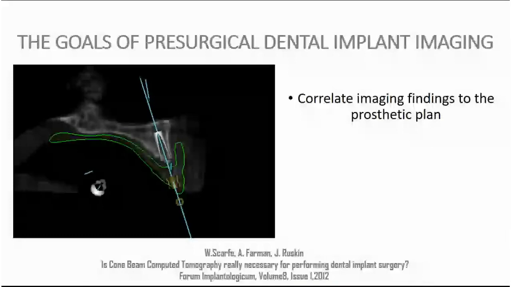And also the thing which is probably one of the most important things for us, or it should be, is that we could correlate imaging findings to the prosthetic plan. Why is it important?